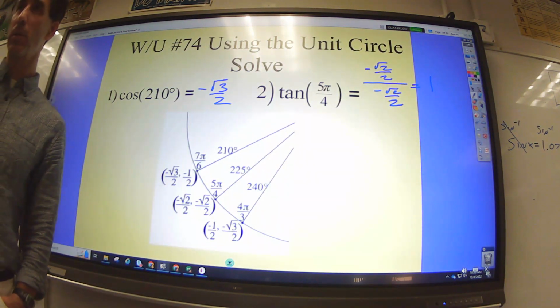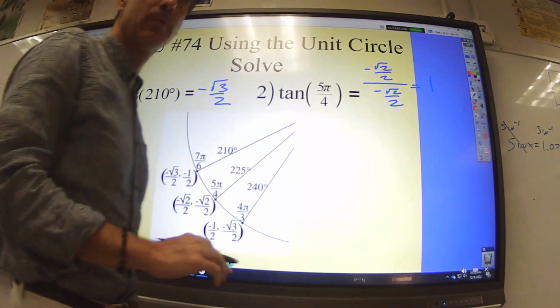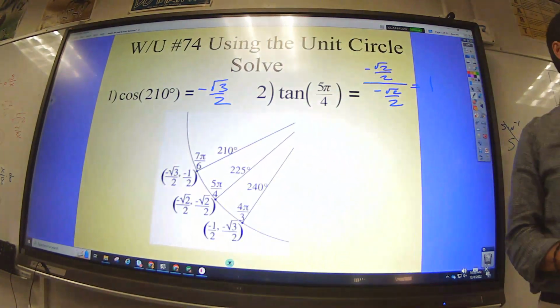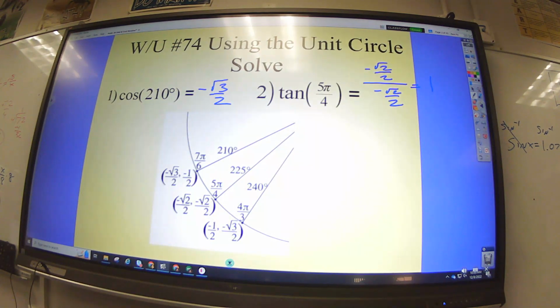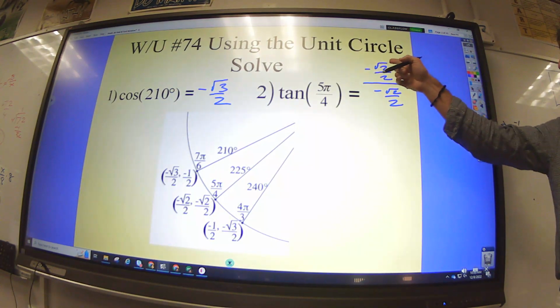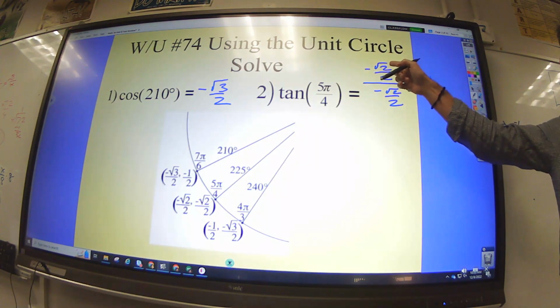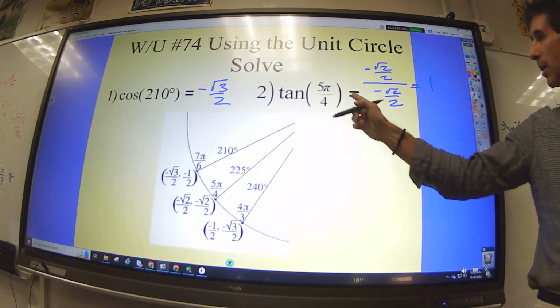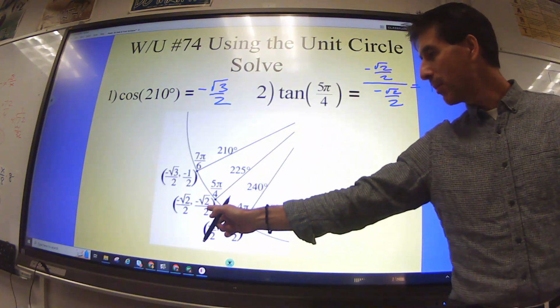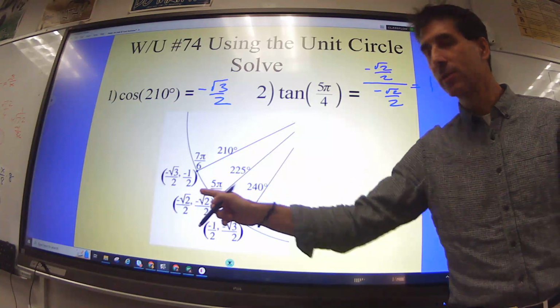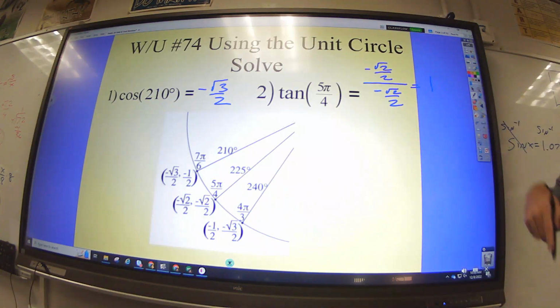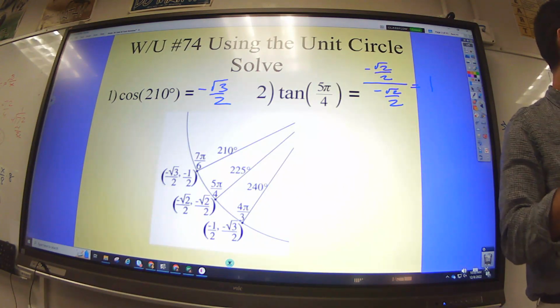Raise your hand if you got that one. Tangent is sine over cosine, or y over x. I look at 5 pi over 4. My y is negative root 2 over 2. My x is negative root 2 over 2. Then you divide them. Anytime you have the same number over the same number, it's equal to 1.